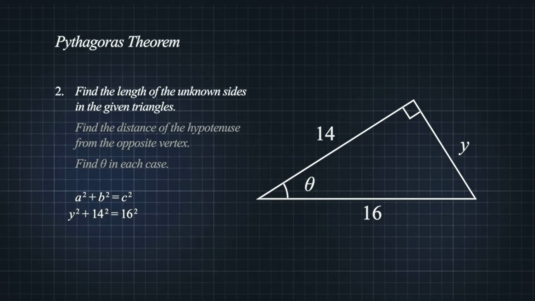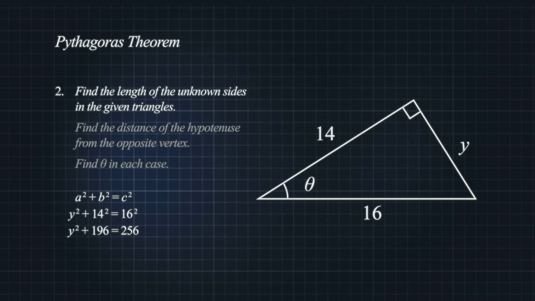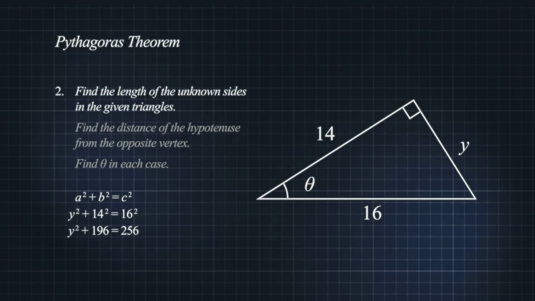We start again by calculating the squares. 14 to the second power is 196. The square of 16 is 256. Now look at the equation. We have y to the second power plus 196 equals 256.